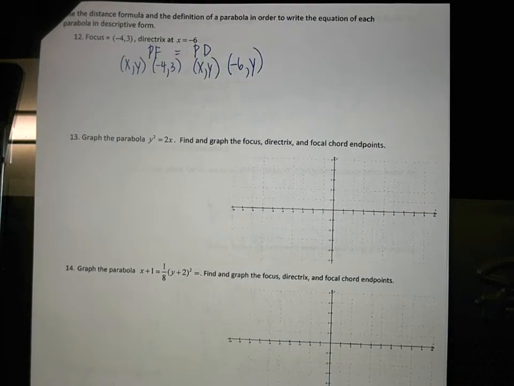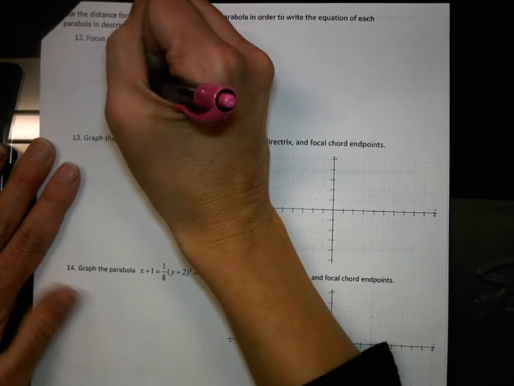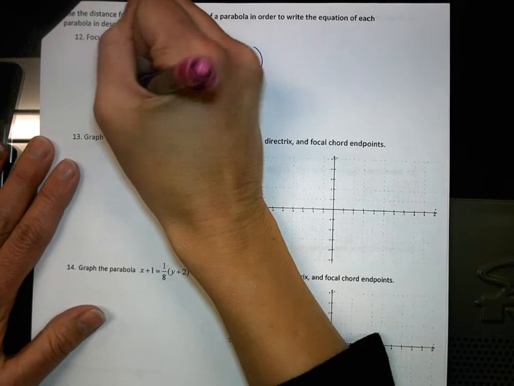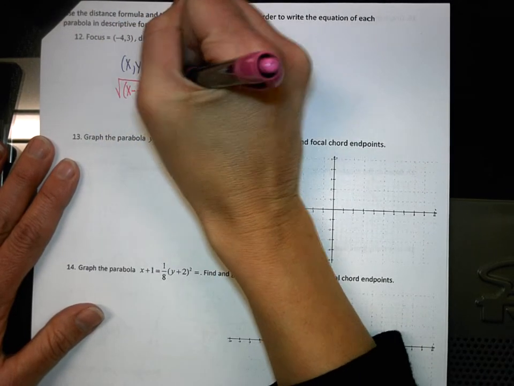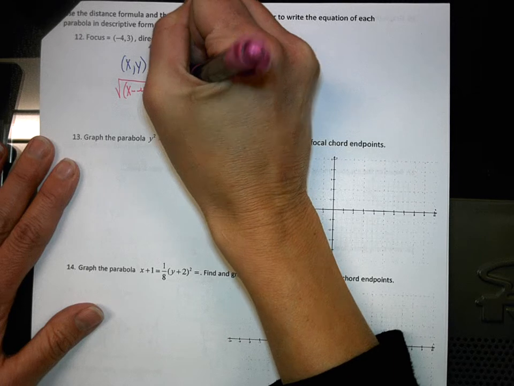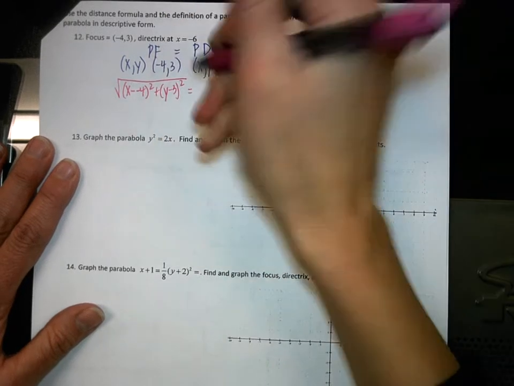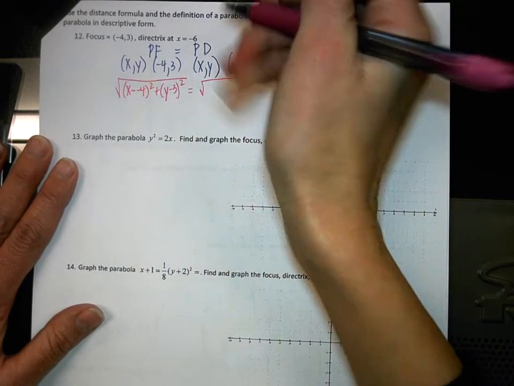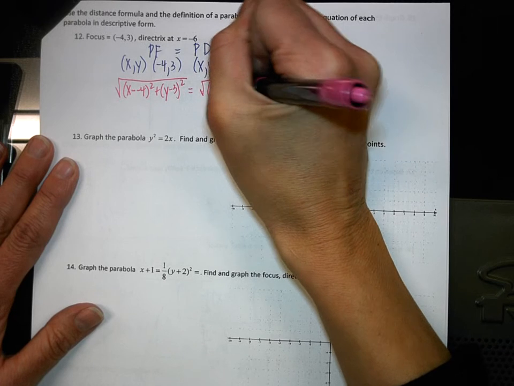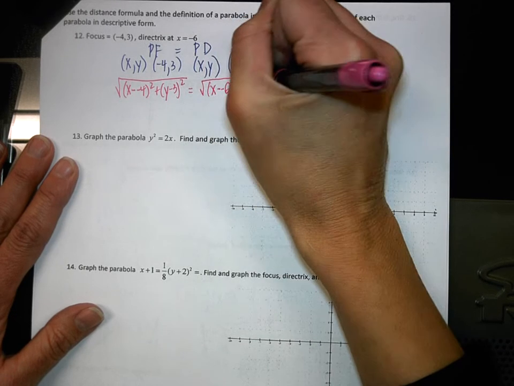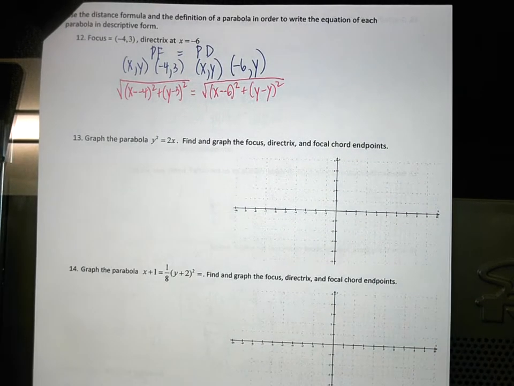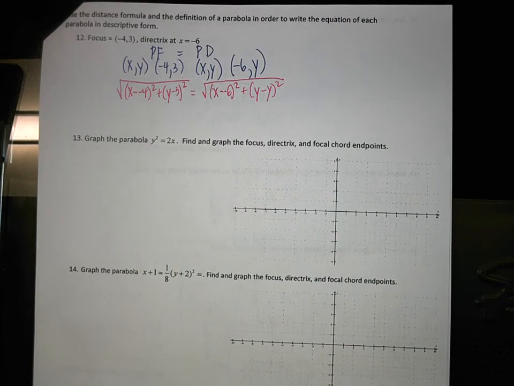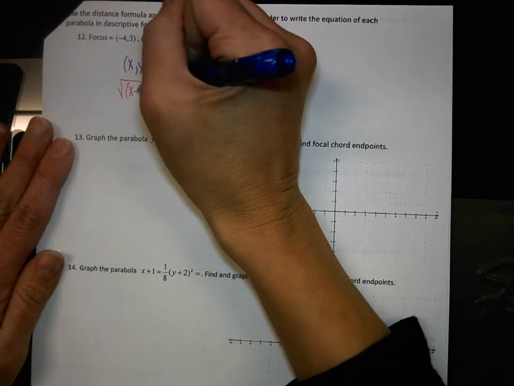We'll now use the distance formula to find that. And so we take the square root of (x minus -4) squared plus (y minus 3) squared equals, the distance formula over here is going to be the square root of (x minus -6) squared plus (y minus y) squared. So if we go through and simplify here, we know here 2 negatives make a positive.